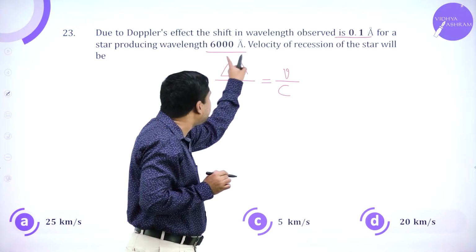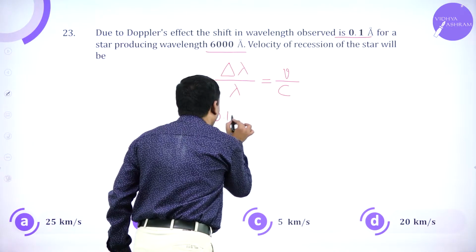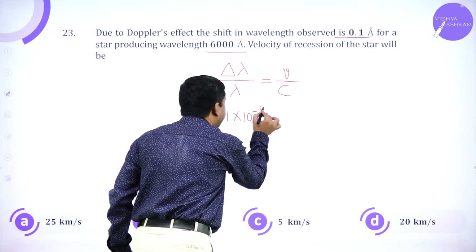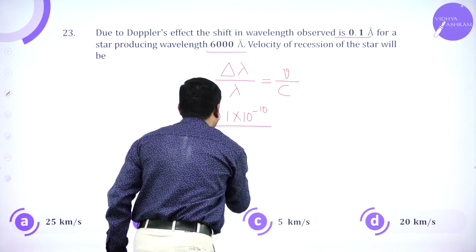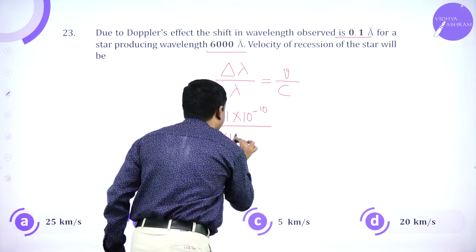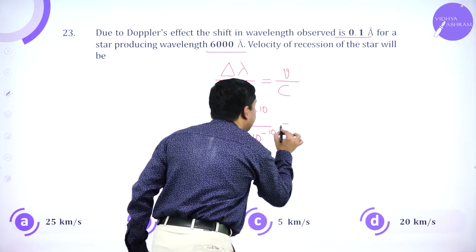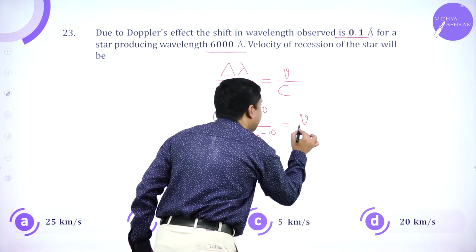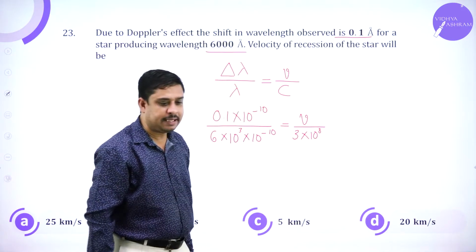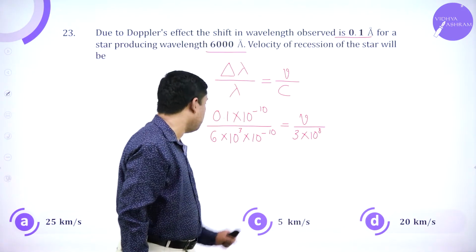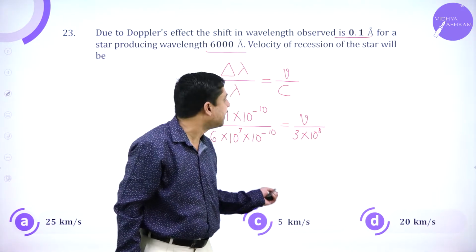This is the shift in the wavelength divided by actual wavelength. 0.1 into 10 power minus 10 divided by 6000 angstrom, 6 into 10 power 3 into 10 power minus 10, is v divided by c, with c as 3 into 10 power 8. Now what will be the answer? We cannot consume more time for this. So v has to be around 5 kilometers per second.